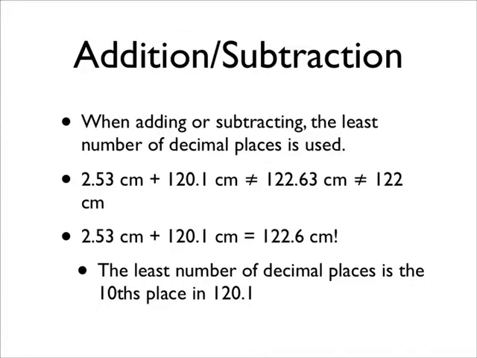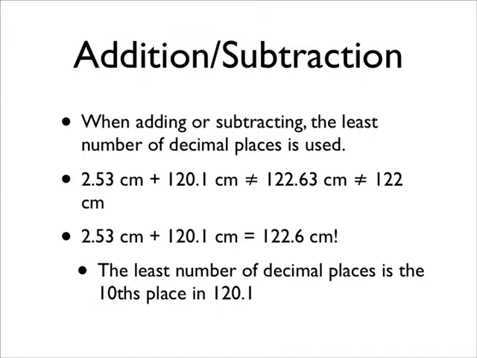So addition and subtraction, when we do an addition or subtraction, what we're going to do is we're going to line them up, and we're going to take the least decimal place, and that is what's going to control our sig figs, which means we can gain or lose significant figures based upon the addition and subtraction and where our decimal places are.